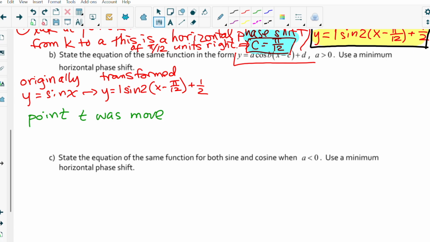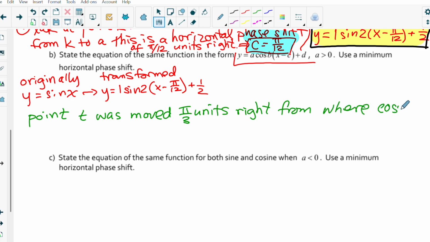So point T was moved pi over 3 units. Which way? To the right, from where cosine of x started. So my c value, if I'm moving to the right, is positive pi over 3.